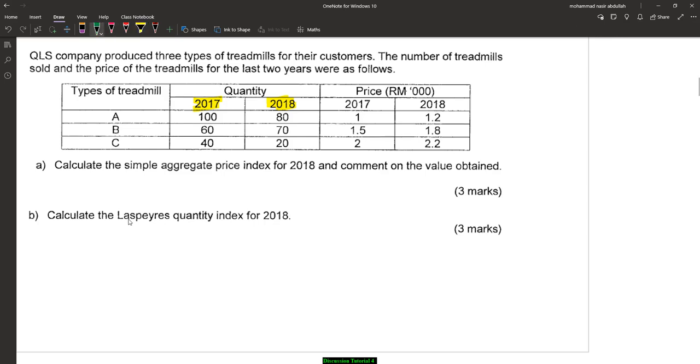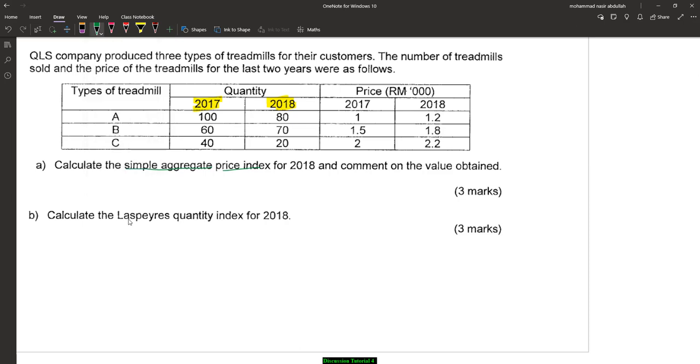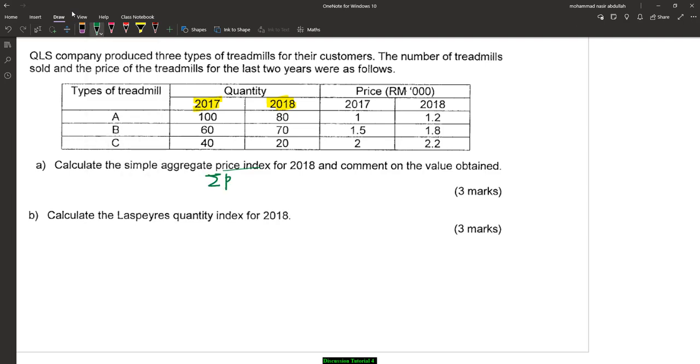Now they ask us to calculate a simple aggregate price index, right? Very simple. It should be the summation of price for the current period divided by the summation of price in the base period, to find the price index, multiply with 100%.